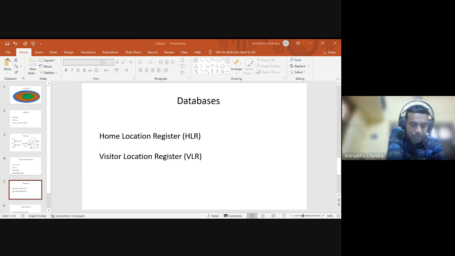And this database is generally maintained separately. Every telecom operator has a big data center, not cloud, mostly data center. These data centers are separate entities.